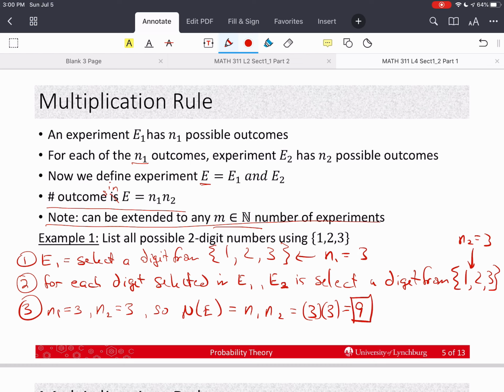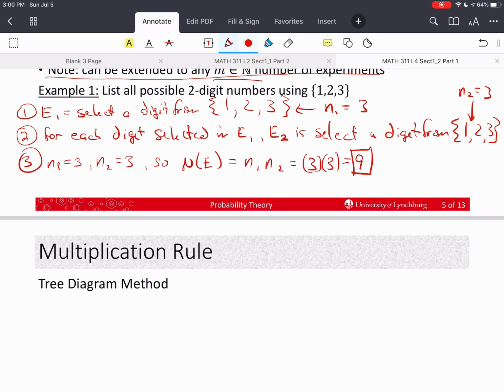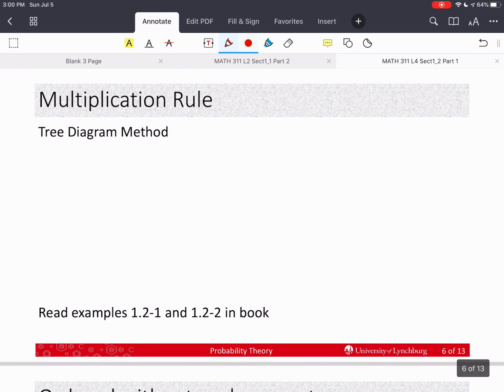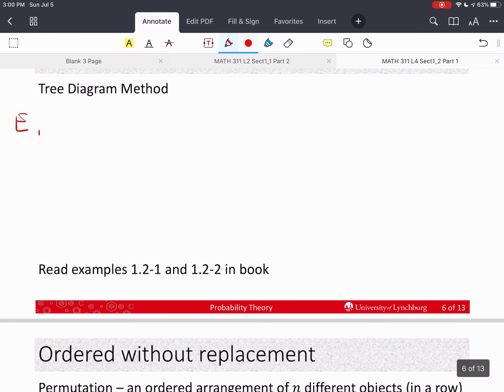So there are 9, but it says list them all out. So an easy way to list them all out is to use something called a tree diagram. It's also an easy way of counting things, but you have to keep them to relatively simple situations. You can't get too many or you don't have room. Okay, so I'm going to write E1, and I'm going to give myself room here in between.